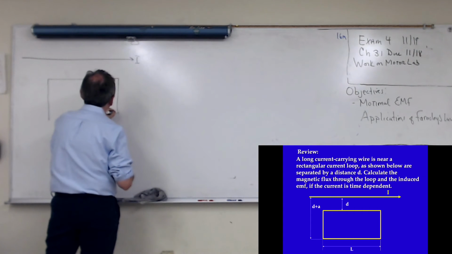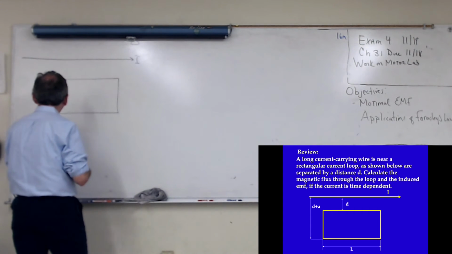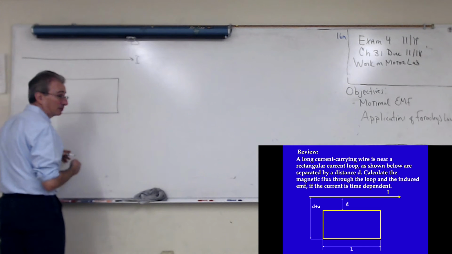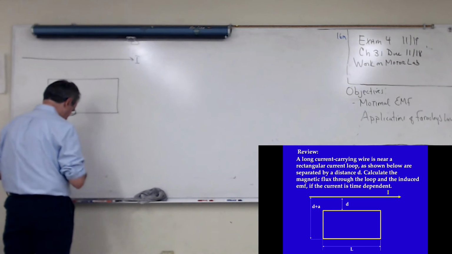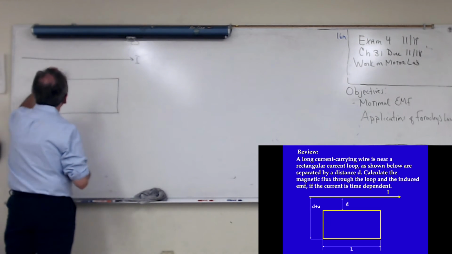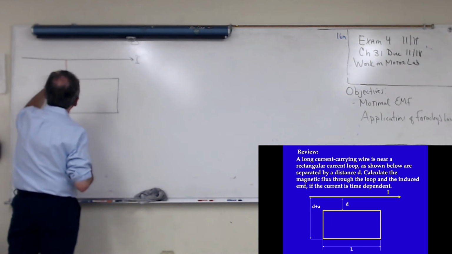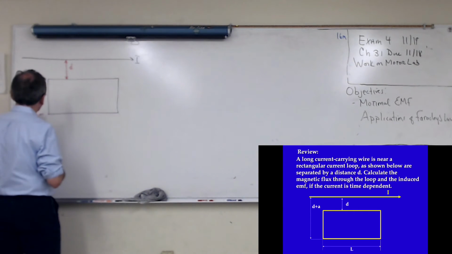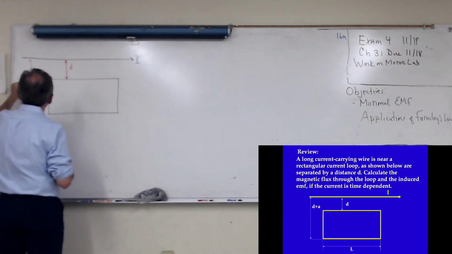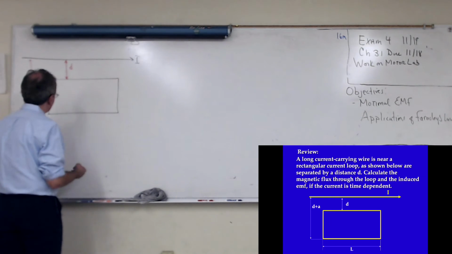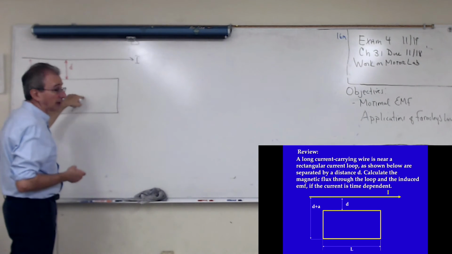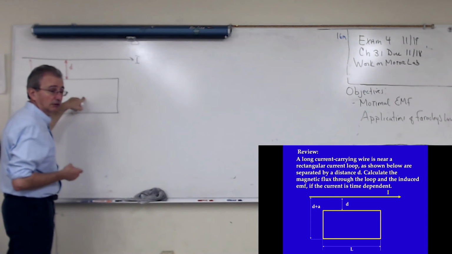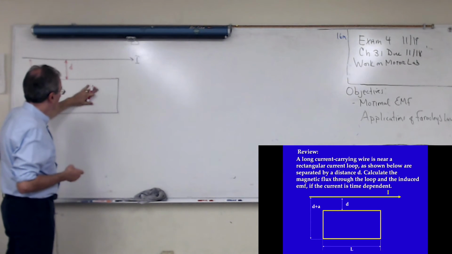It's the same geometry as the problem where we find the force on the loop, but this is a different problem. So I want to find d phi dt through this loop.